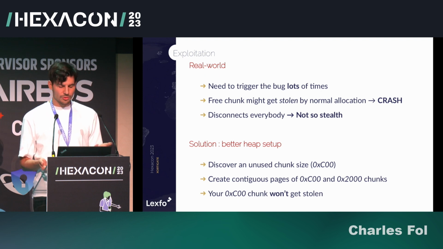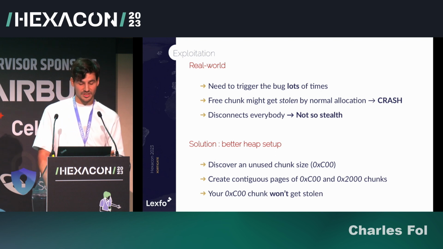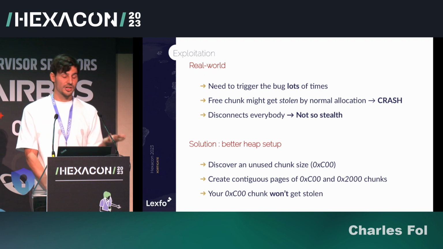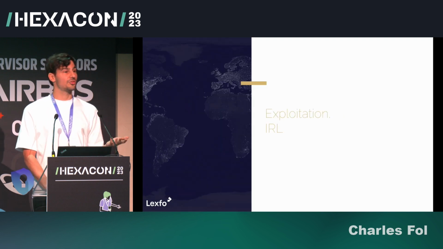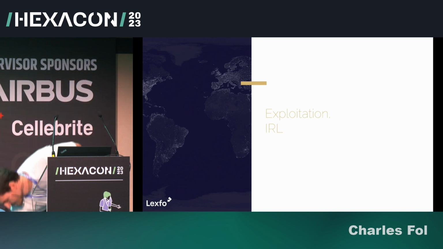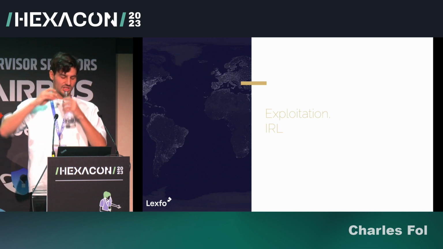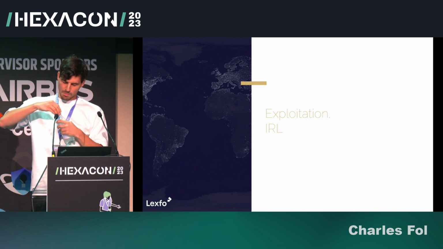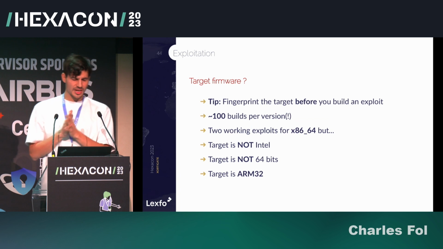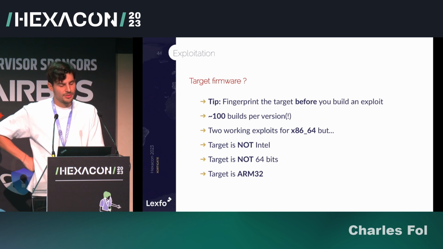So it took me quite a bit of time, but after a while I actually managed to do so, so I was pretty happy with it, and I was like, okay, I've got two exploits, including one that should actually work in real conditions, so I'm ready to try it IRL, right? And, well, this is when I realized that there were actually 100 builds per version, even more, I think.